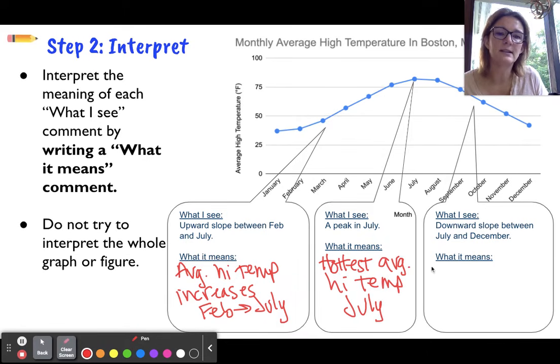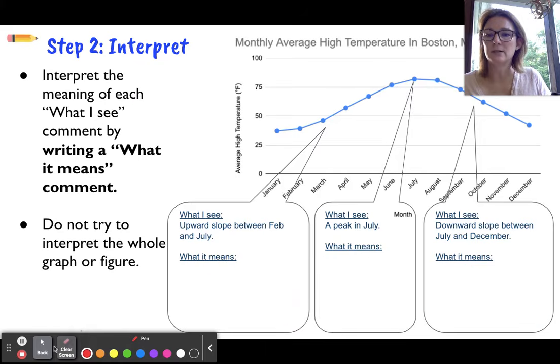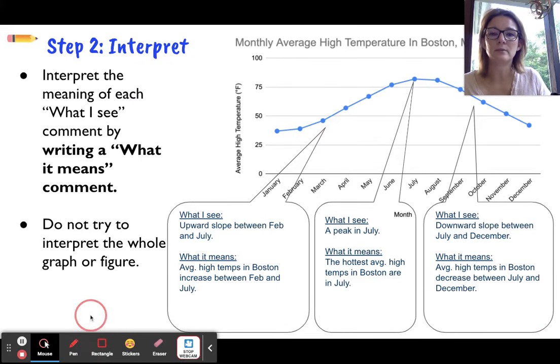That means that the average high temp decreases between July and December. That's an arrow if you can't tell, sorry. Okay, awesome. Let me clear the screen and bring it up more neatly. We have our "what I see" and "what it means" statements. Go ahead and pause this if you need to take a closer look.